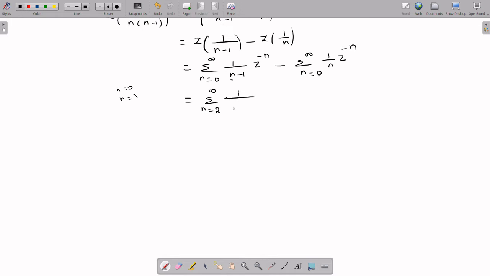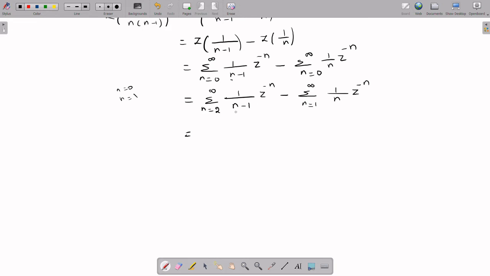Only you have to consider here z power minus n. Minus summation. Here when you substitute n equal to 0, again this is divergent, so you have to omit n equal to 0 here. Start from n equal to 1 to infinity. Now substitute n equal to 1 here.